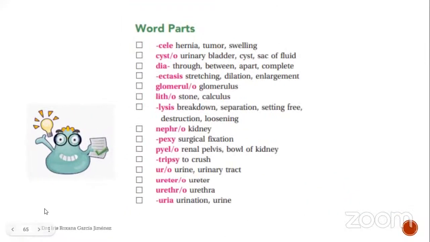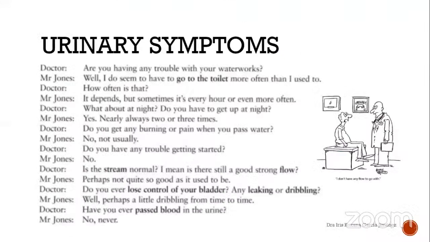Then we get the word parts again: the hyphen -cele, cyst or cysto, dia-, which with the hyphen is a prefix, the suffix -ectasis, glomerulo, lith or litho, the suffix -lysis, nephro, suffix -pexy, then pyelo, suffix -tripsy. Then we got uro, uretro, urea. Easy to catch, right? Possible to make it.